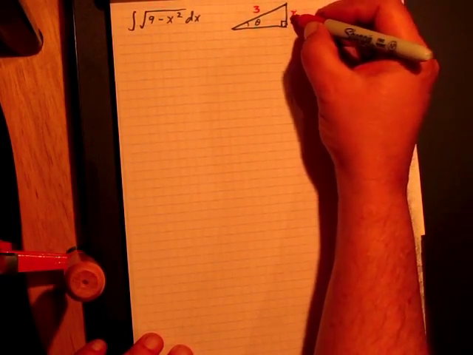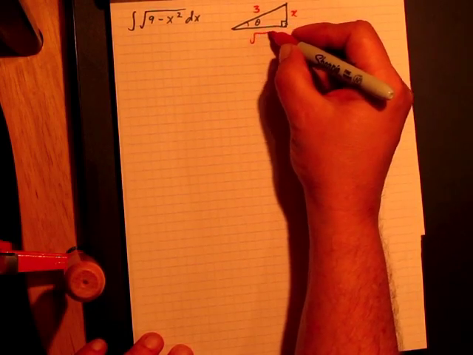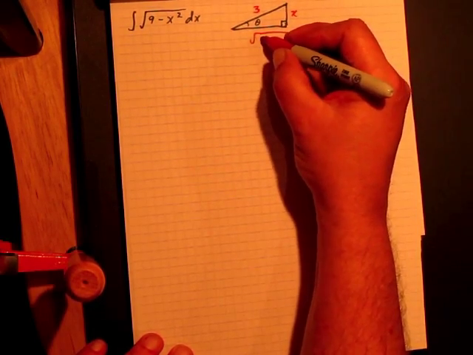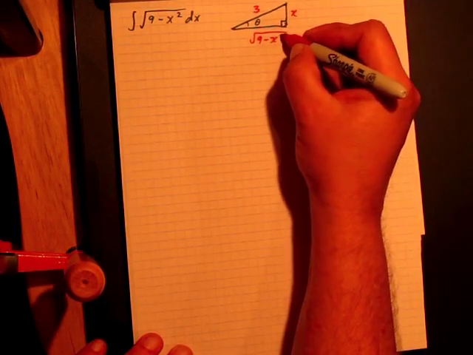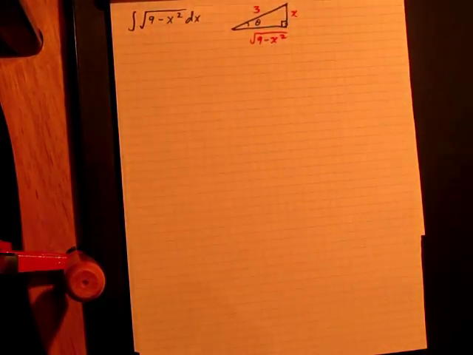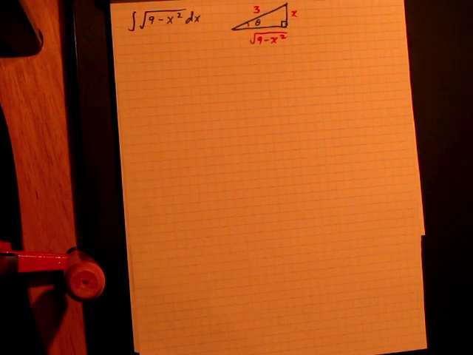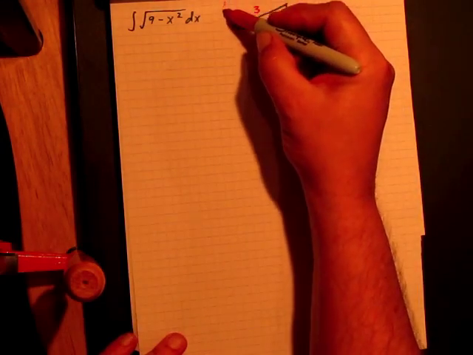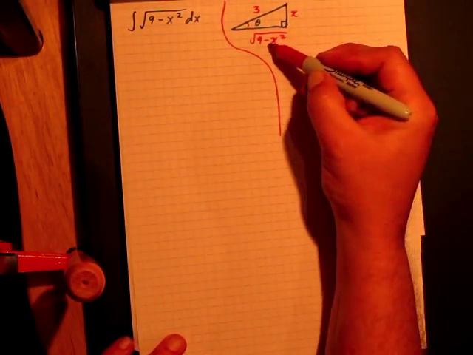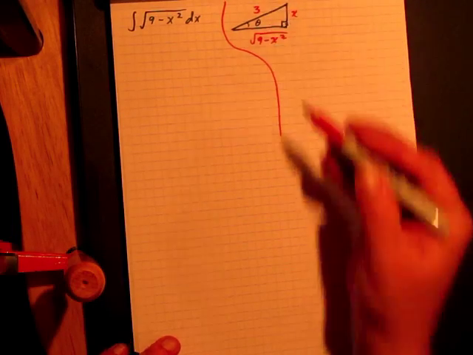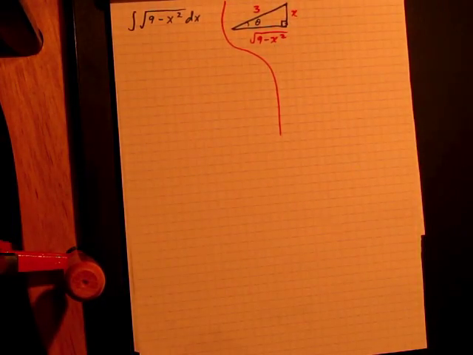I'm going to put x as this leg, and hopefully the bottom leg is going to be the radical that's in our integrand. You need to make sure that the Pythagorean theorem works on this triangle, which it should. Leg squared plus leg squared equals hypotenuse squared.